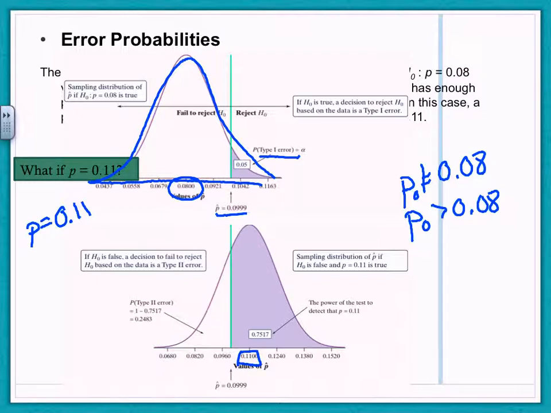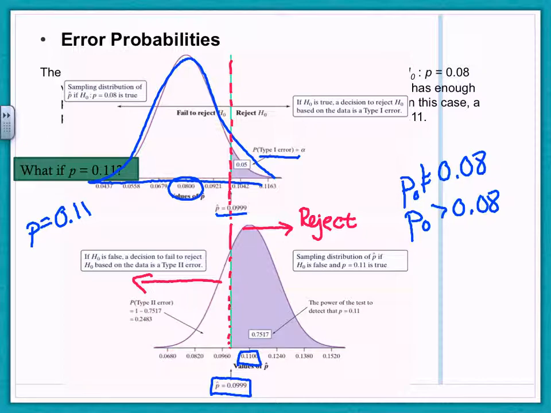So now we already ran a test at the 5% significance level and we found that anything to the left of that green line, that 0.099, was going to be where we failed to reject, where everything to the right of that line was what we were going to reject, okay?